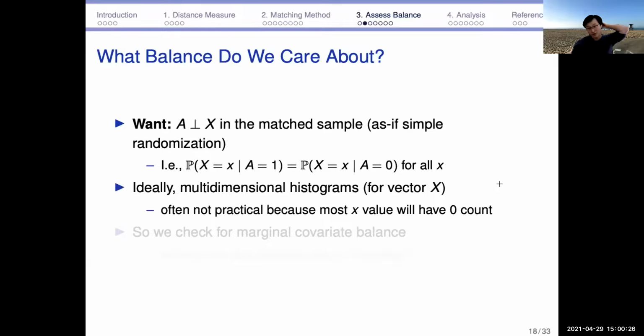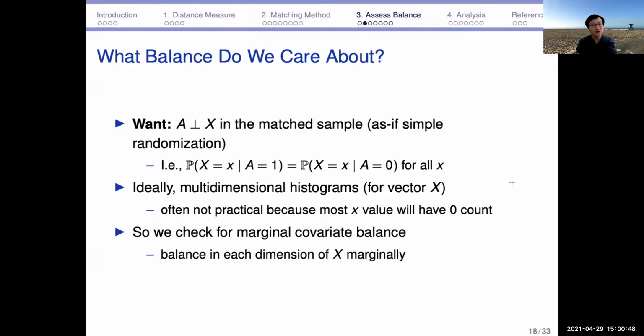So ideally, one would want to maybe plot a multi-dimensional histogram if we have a vector of X. A histogram for A equal to 1, a histogram for A equal to 0. But of course, this is often not practical because if you have many X's, then a lot of these cells would have 0 count. So one thing that people usually do is to check for marginal covariate balance.